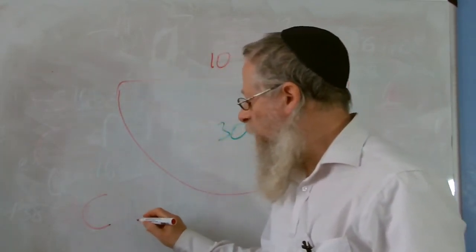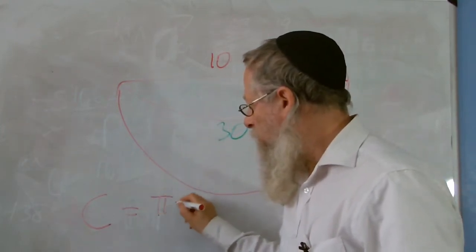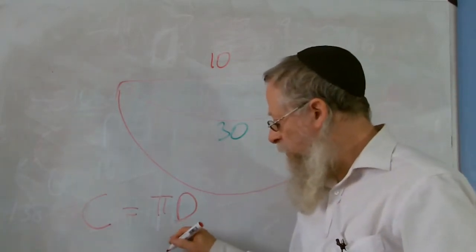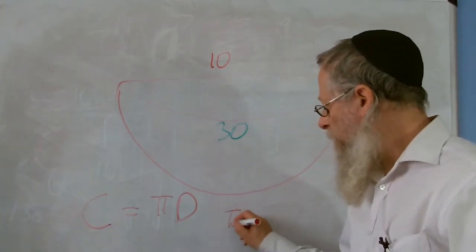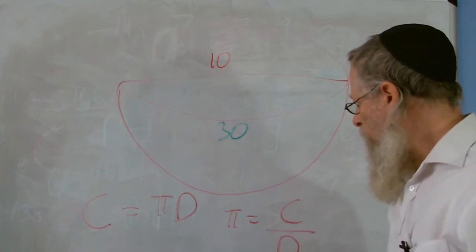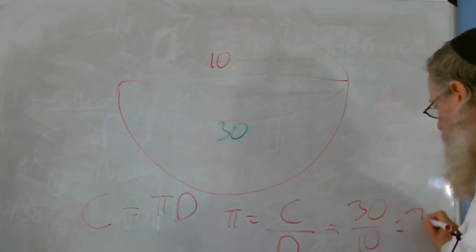The formula we have for the circumference, C, equals pi times d. Therefore pi would equal the circumference divided by the diameter. That will give us 30 divided by 10, which is 3.